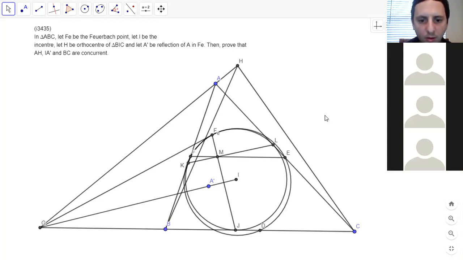It can help to prove that J and Fe are collinear. Okay, so it's the anti-Steiner point of the Euler line of JKL. That's what you're saying, right?